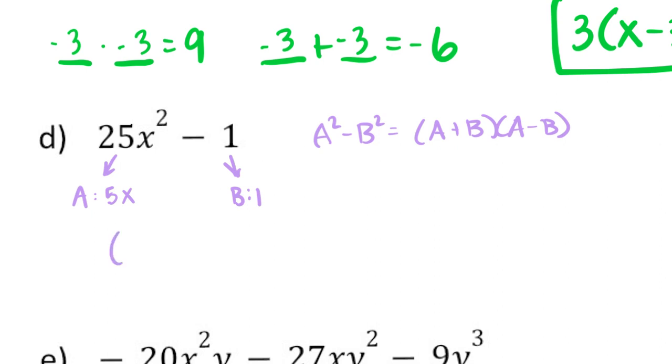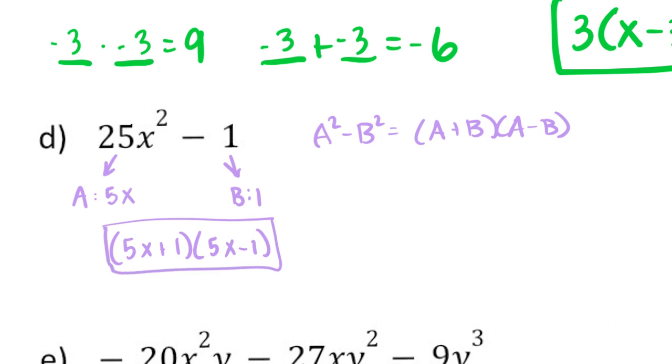So if I put that into the rule, I have 5x plus 1, 5x minus 1. And there we go.